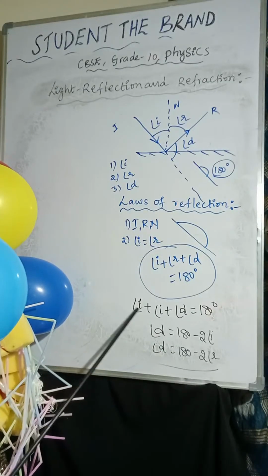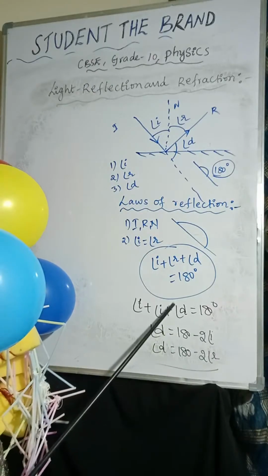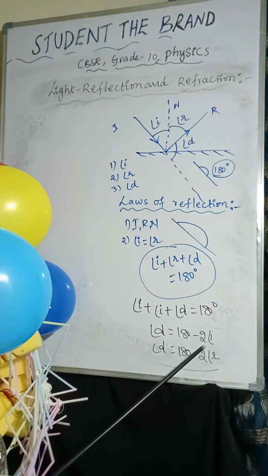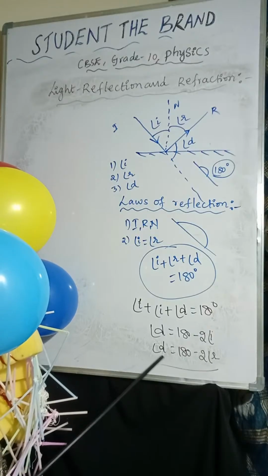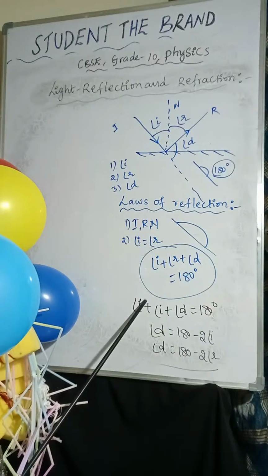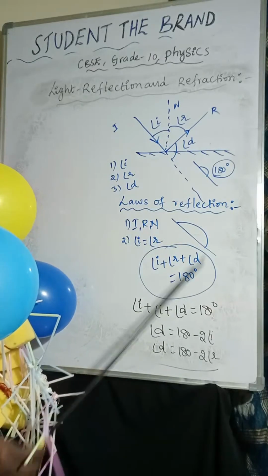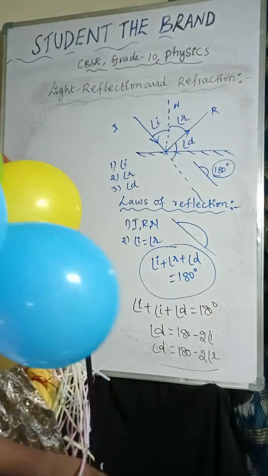Angle of incidence plus angle of incidence plus angle of deviation equals 180 degrees. Angle of deviation equals 180 minus 2 times angle of incidence. Or, if I substitute angle of reflection instead, angle of deviation equals 180 minus 2 times angle of reflection. So this is about the reflection phenomenon.